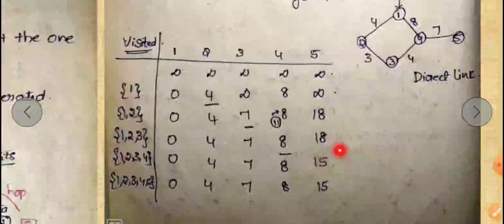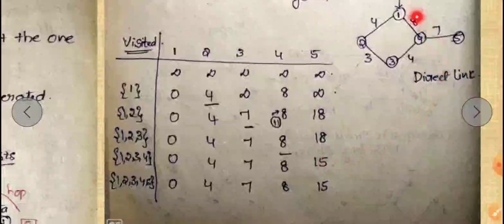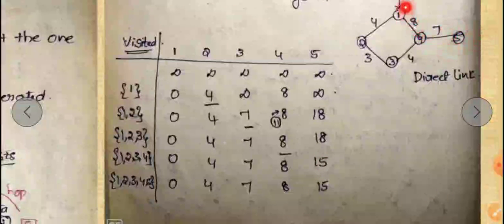So I have updated my routing table. Previously, in my fifth routing table, what was the path? 1 to 2, 2 to 3, 3 to 4, 4 to 5. This is my previous routing table.